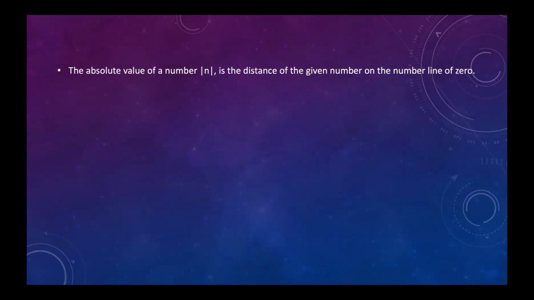Alright, good. I think you're done with your task number 1. Let's begin with knowing what is the absolute value of a number. The absolute value of a number, represented by two bars with the number in between, is the distance of the given number on the number line from 0.